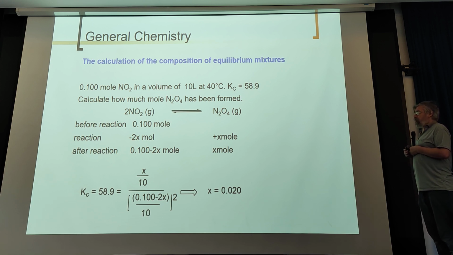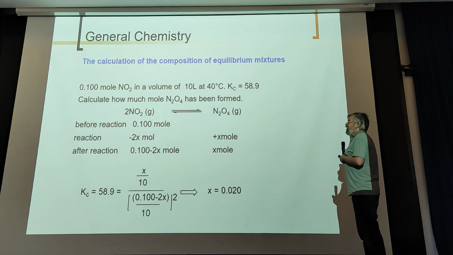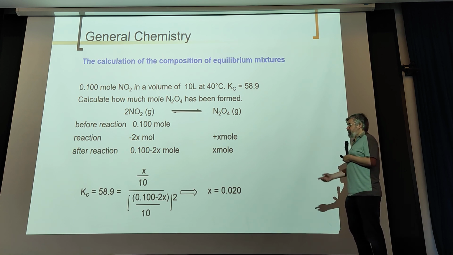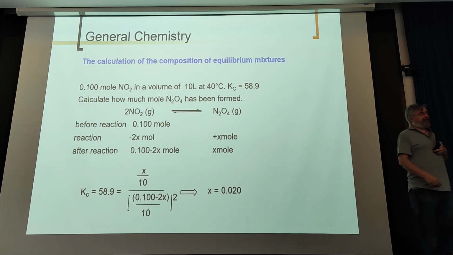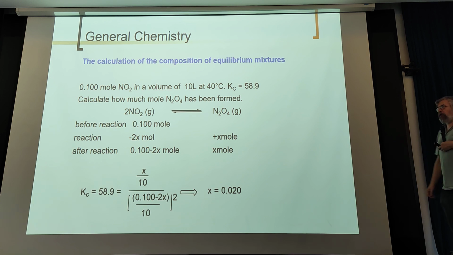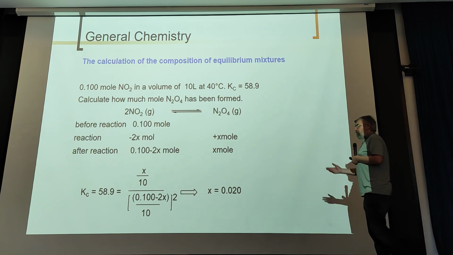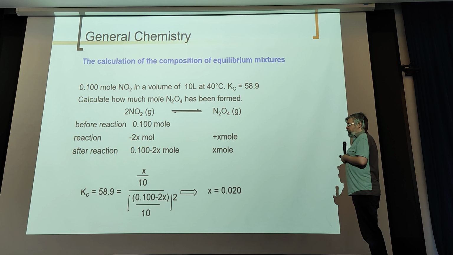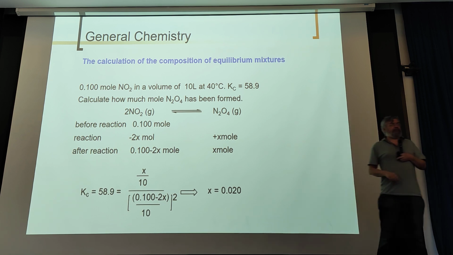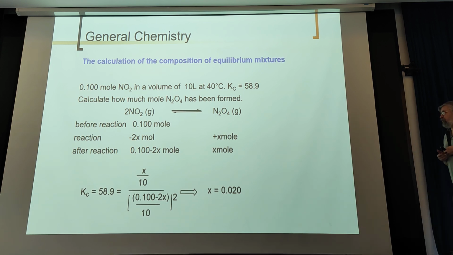So now we can put this in the equation. So it's in 10 liter. X is the amount of moles, so we divide X by 10 to get the concentration of the N2O4. So the NO2 is 100 minus 2x, also divided by 10, but squared. If we solve this equation, we can get the result, and this is 0.020.